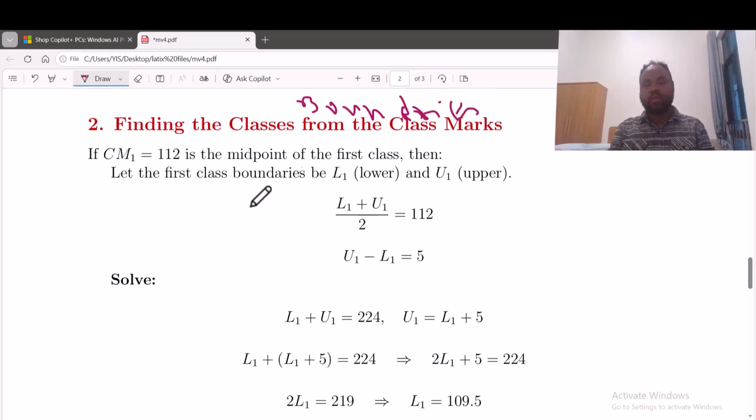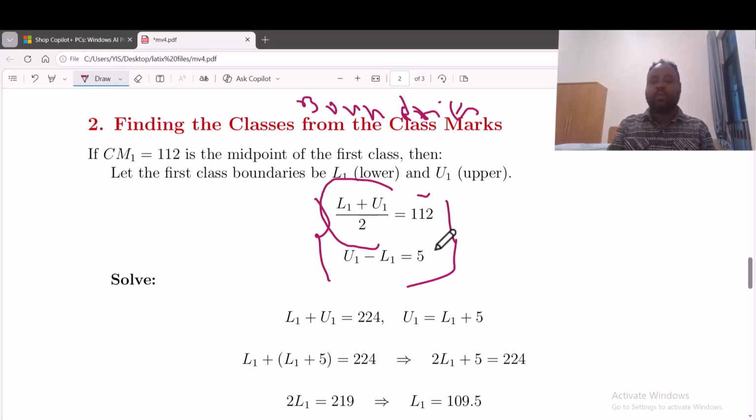Class boundaries can be obtained from a system of equations. We have two equations with two unknown variables. The average of the boundaries of class 1, the lower boundary plus the upper boundary divided by 2, equals the class mark. This is the class mark formula for class 1.